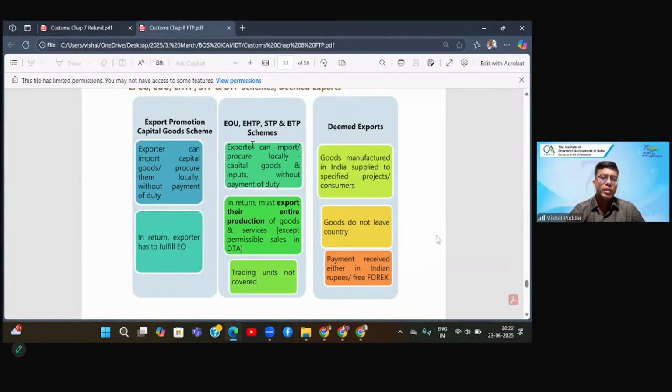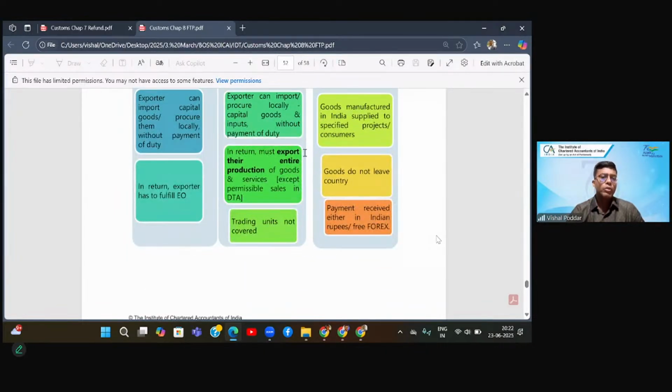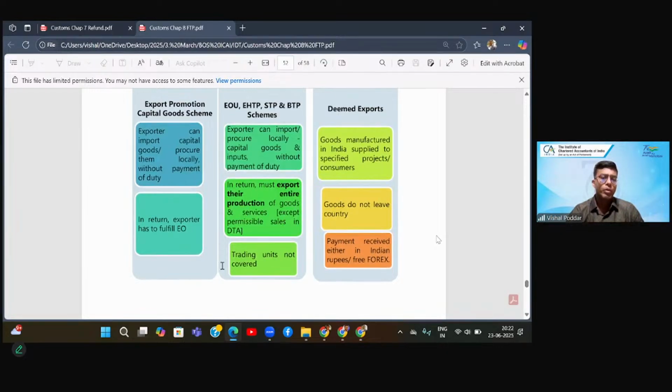But the benefit is you can import goods or procure locally either capital goods or inputs without making payment of duty. In return, you must export the entire production of your goods or services, except for some minimum limit of domestic sales. Most important, trading units are not covered. In other words, all these have to be manufacturers or service providers.